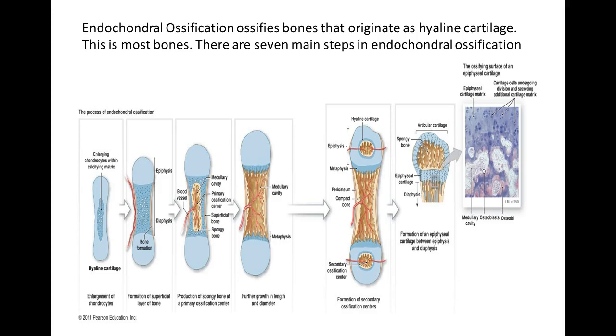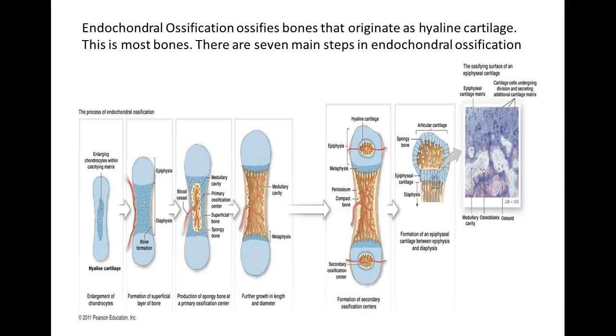And what happens is some of those chondrocytes, the cells of the cartilage, enlarge, and in that enlarging, there's some calcium matrix that actually forms around them. They enlarge and then they die. And so you have some calcium matrix with some open spaces, and this happens basically in the middle of that hyaline cartilage. We call that the ossification center.